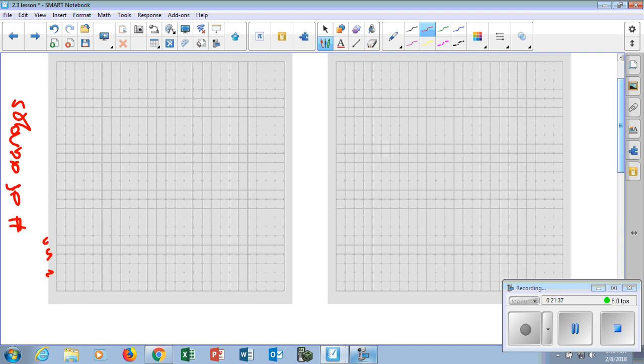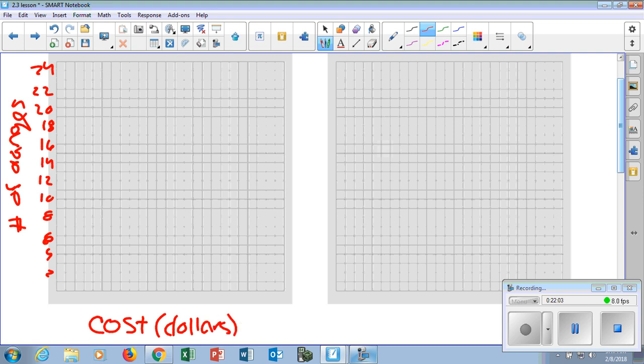So here's 2, 4, 6, 8, 10, 12, 24. Okay, and on the bottom, this is our cost. It needs the currency. Cost, which is dollars. 2, 3, 4.